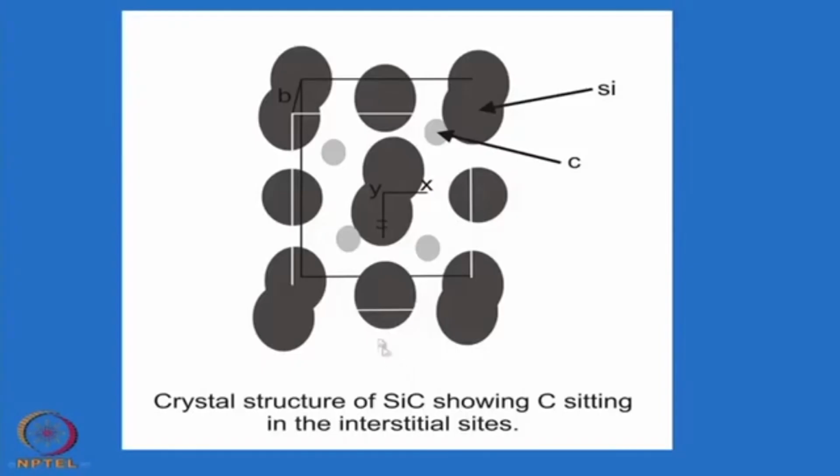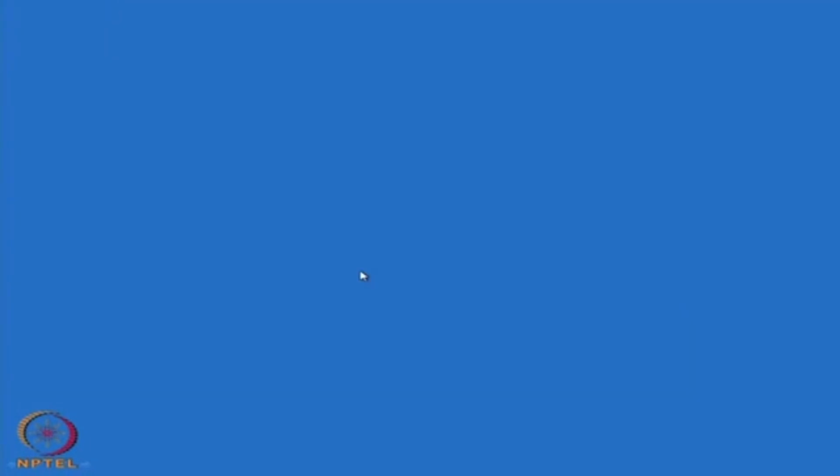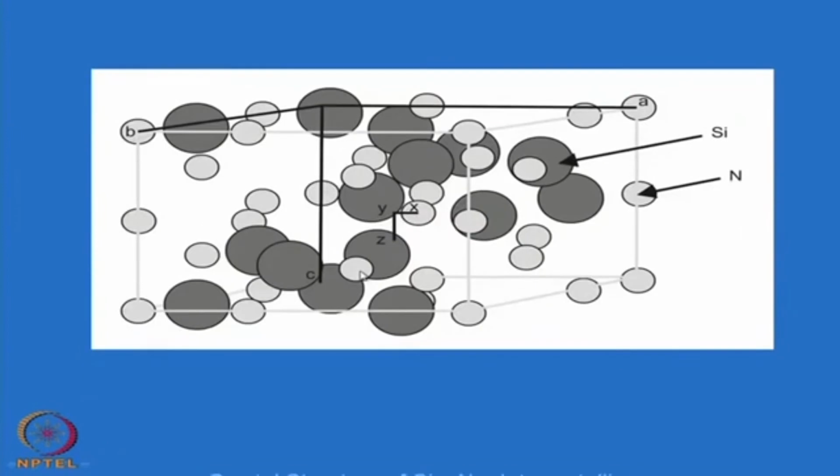So, we will discuss that later on, how exactly the carbon atom goes into the interstitial sites and forms the silicon carbide structure. This is a little complex structure of silicon nitride, Si3N4.